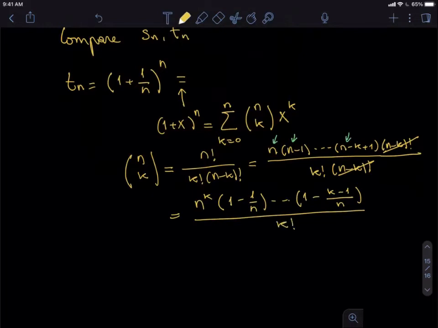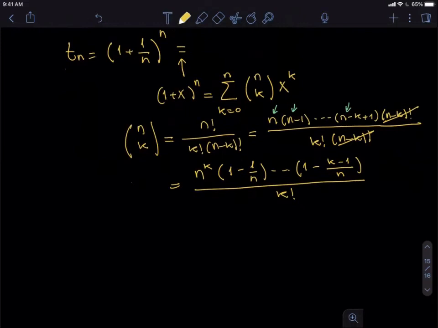All right, so let's use the two formulas. Here x is 1 over n, so we have the sum as k equals 0 to n of (n choose k) times 1 over n to the power k.